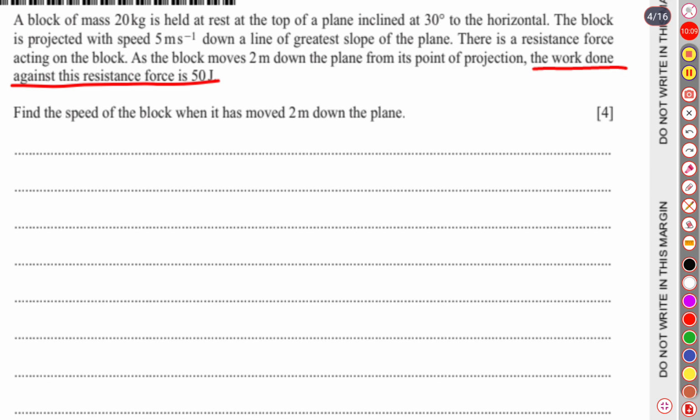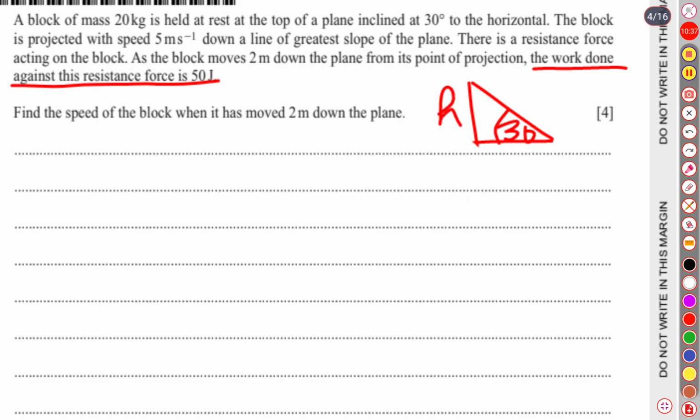If we look at this, they have told us the plane was inclined at 30 degrees. So it is just like this. This is 30 degrees. And if we want to find the height, this is our height.